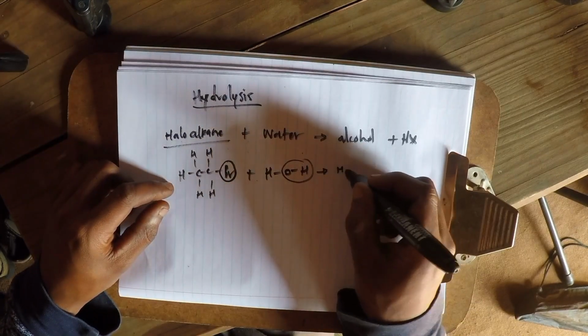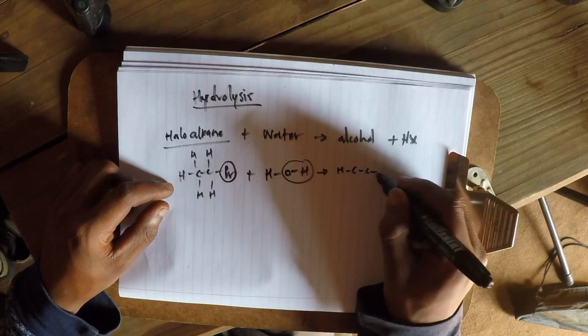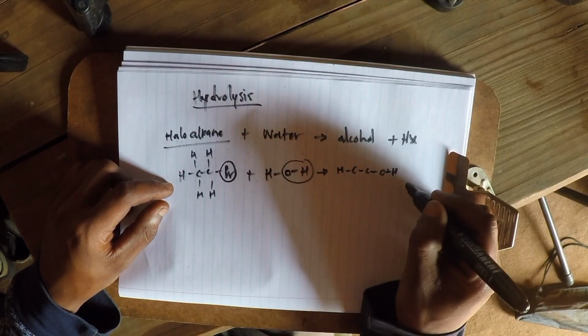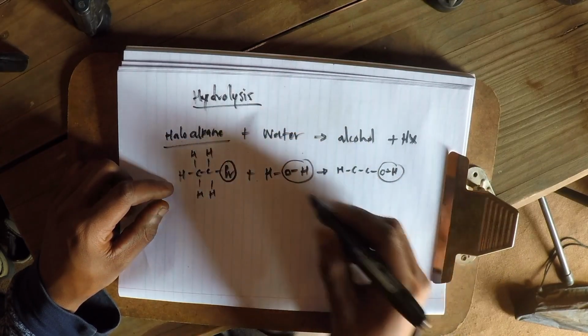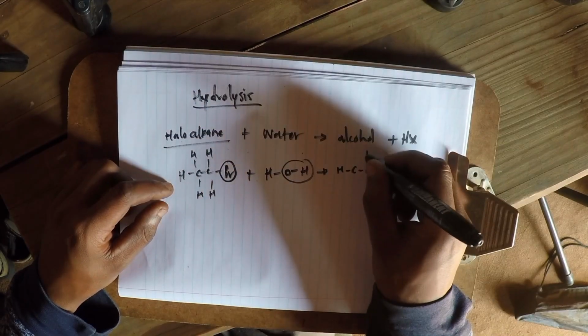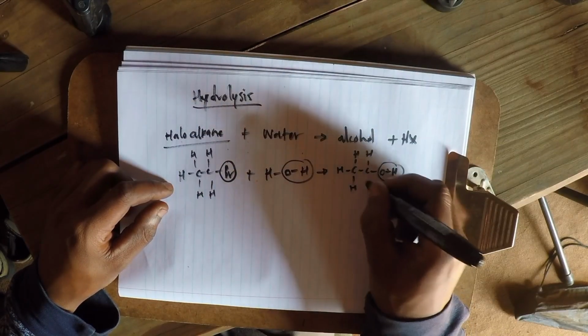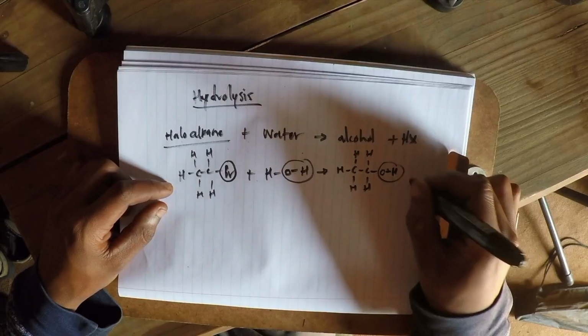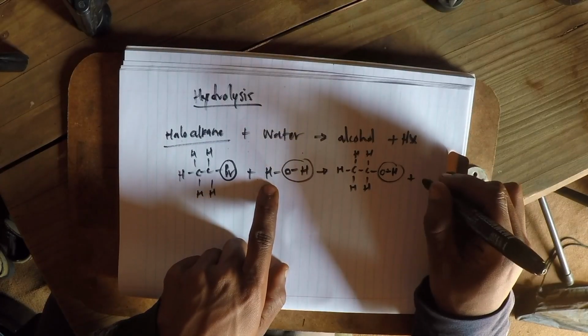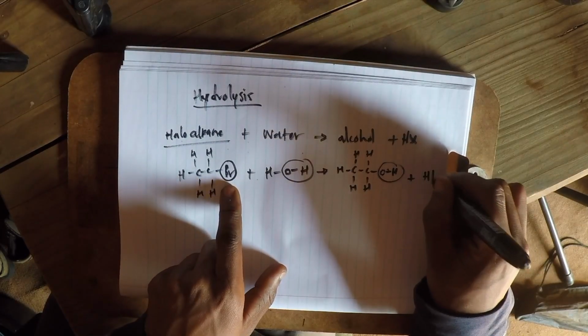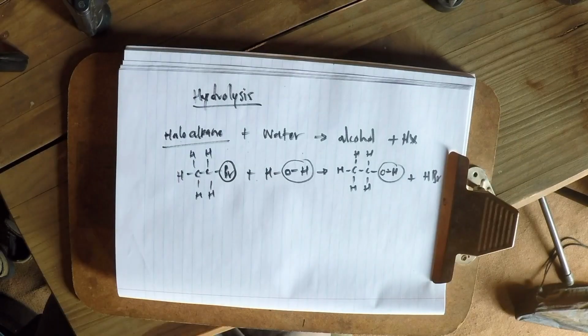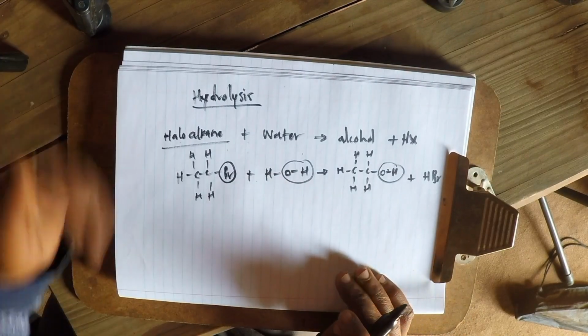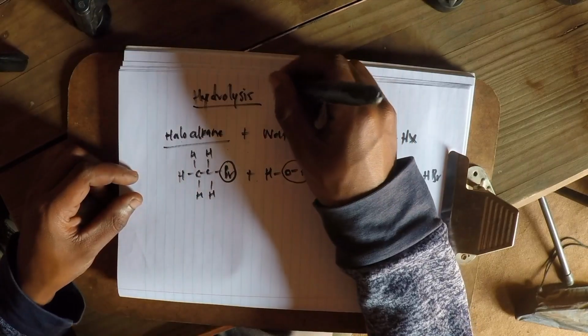Then you will get an alcohol, which is now OH, where this came from that. And then you have your H, plus the H that remains there, and the Br, they give you the HBr, like the HX that we talked about. And then this becomes the process called hydrolysis. It's a substitution reaction.